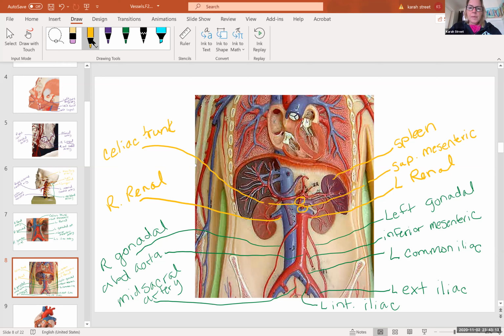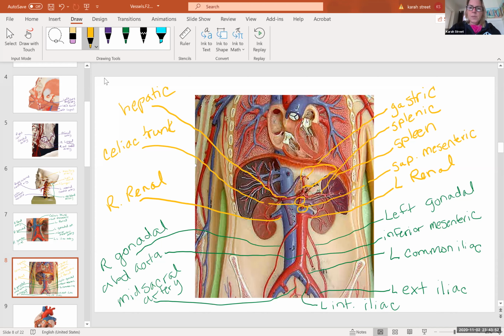This one going up where you're not seeing it, the stomach would be right here. So that's the gastric. This one going to the spleen would be the splenic. And then this one going up to the liver would be the hepatic. Again, three branches off the celiac trunk. One going to the stomach, gastric, one going to the spleen, splenic, and one going to the liver, hepatic.